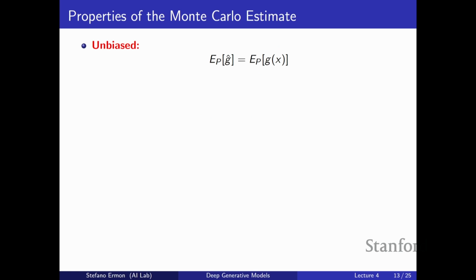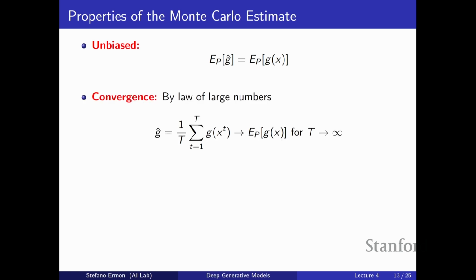And the more samples you get, the better the approximation is. Although g hat is random, as you increase the number of samples t, g hat converges pretty strongly to this expected value. So the more samples you take, the less randomness there is, and the more likely you are to get close to the true answer you're looking for.